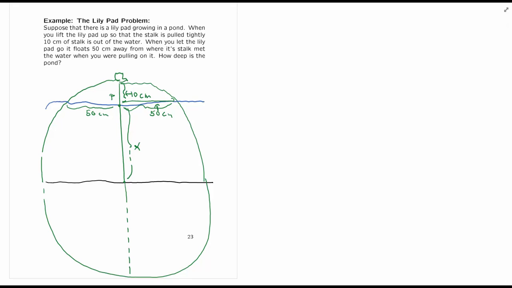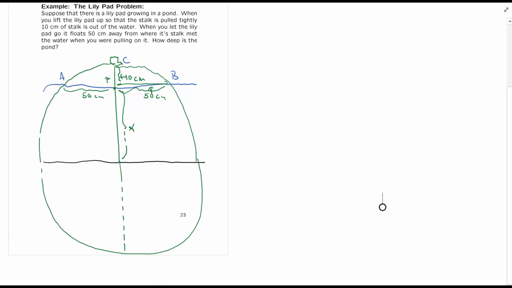And so now I'll label some other points. I'll call this A and B, and where this ray comes out of the circle, I'll call this C, and then way down here where it comes out of the circle, I'll call that D. And so by the power of the point, we know that PA times PB equals PC times PD.